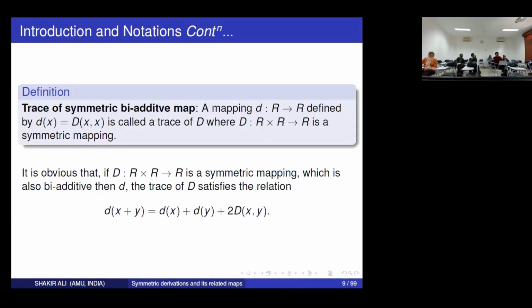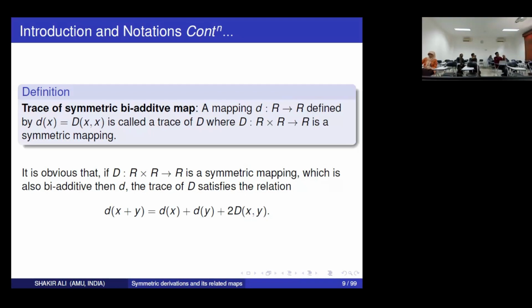Okay. Another term we use is trace. So what is trace? Look at the trace of a symmetric bi-additive map D from R cross R to R, defined by d(x) equals D(x, x). Of course, we need to check it is bi-additive, and it is symmetric, of course, because here we have x equal to y. So this is the same.